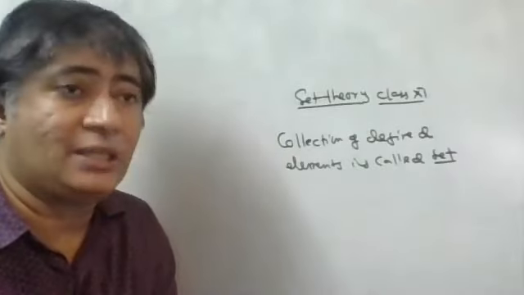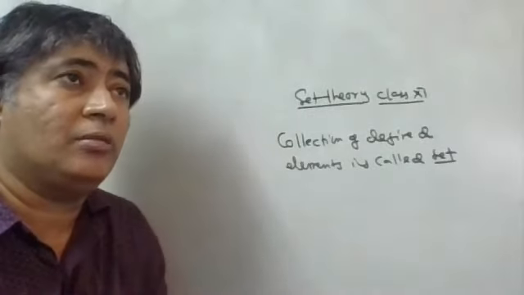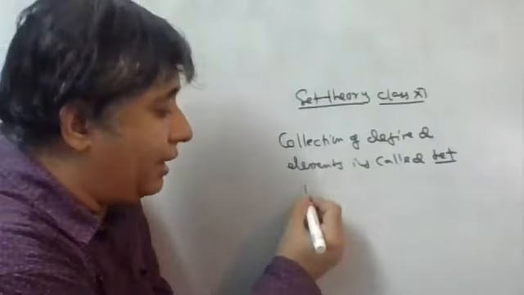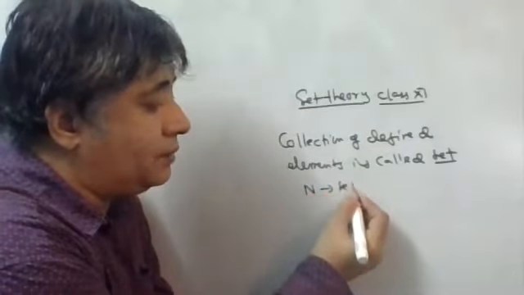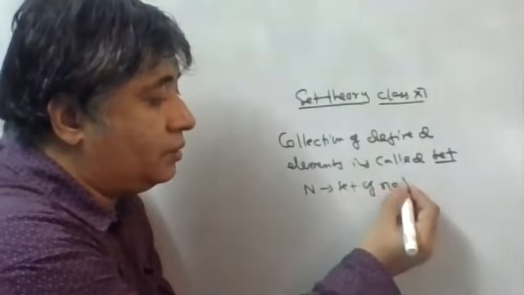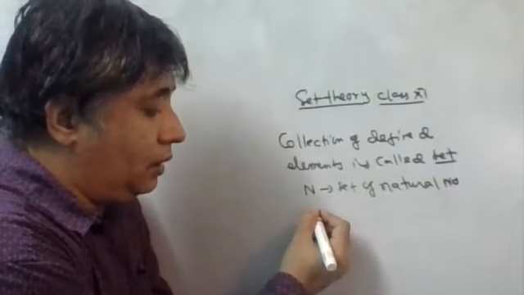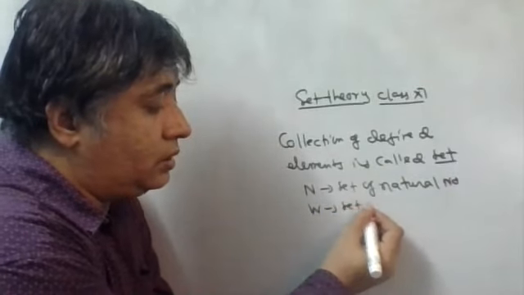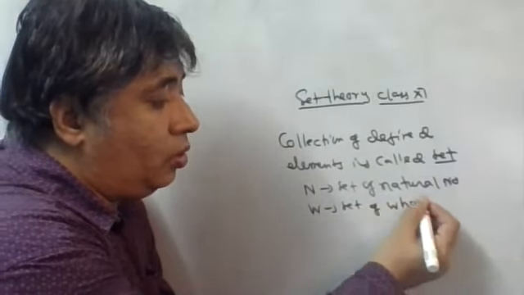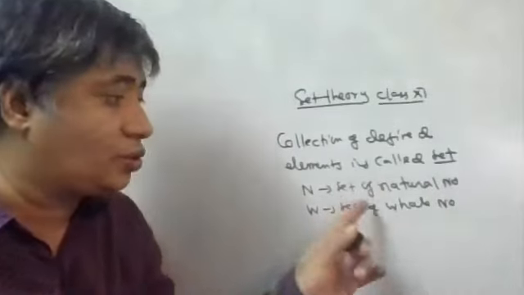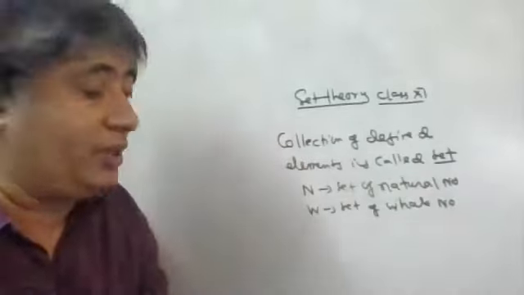Now, in so many ways I can express it. Say N means set of natural numbers. W, set of whole numbers. Set of natural numbers means it starts with 1 and goes to infinity.